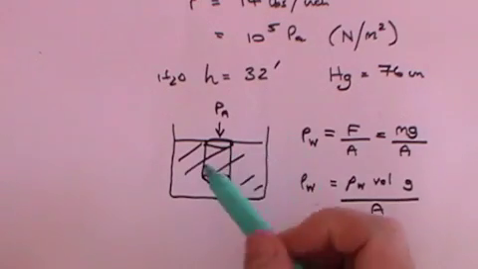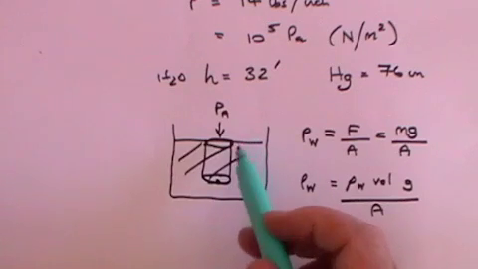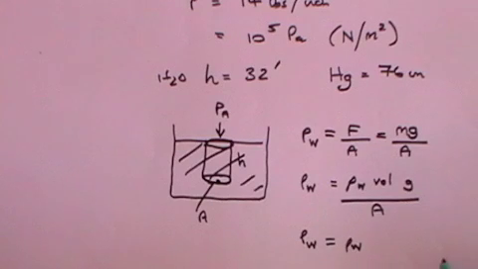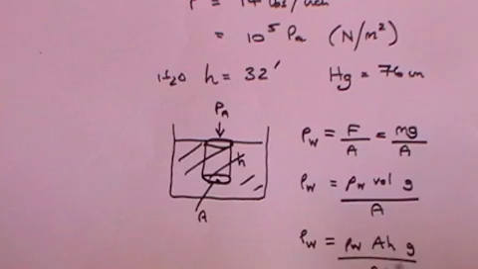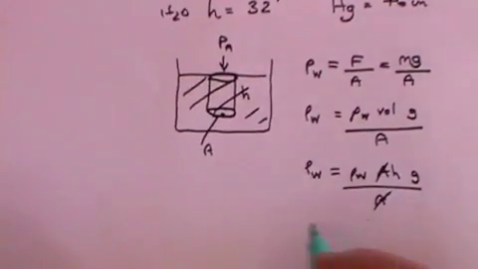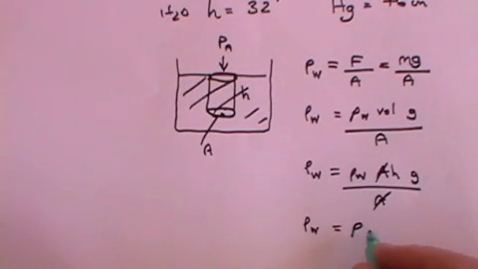Well, if we say that the depth of water is h and this cross-sectional area is A, then the volume is Ah, times g divided by A, and once again the A's cancel out and you end up with the pressure of the water at a depth h is equal to the density of water, or the fluid, whatever it happens to be, times h, the depth, times g.